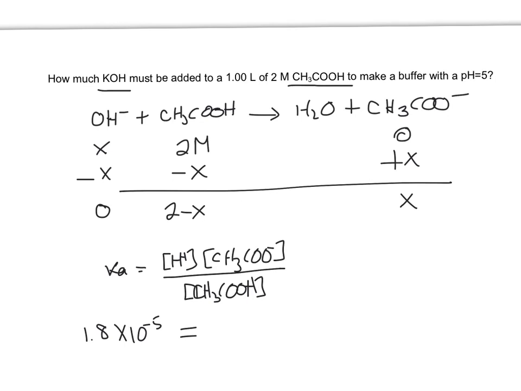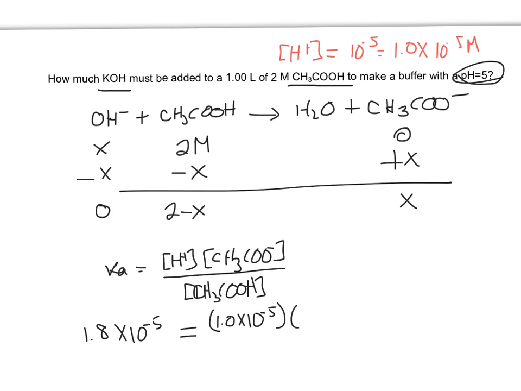My H plus, I know I want my pH to be 5, so that means that my H plus concentration needs to be 10 to the negative fifth, which is 1.0 times 10 to the negative fifth molar, basically. So that's my H plus. And then my acetate needs to be X. My acetic acid needs to be 2 minus X.